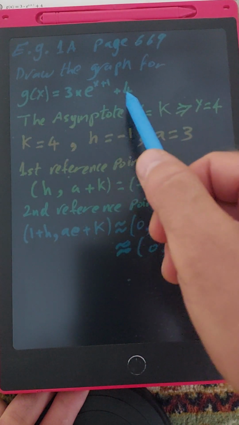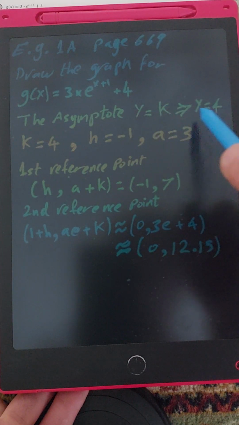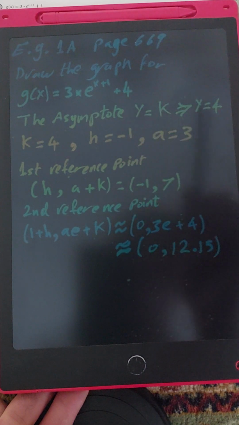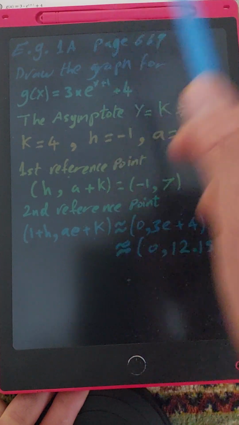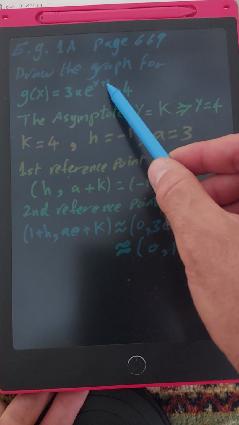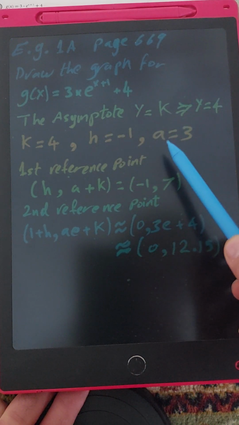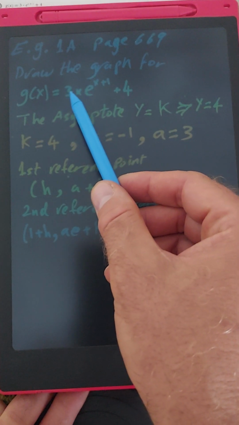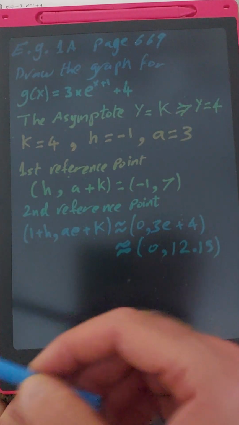From the function, the asymptote will be y equals k, therefore y equals 4, because we have the plus 4 at the end, so the value of k is 4. For h, it is the opposite of the value in x plus 1, so it will be minus 1. The initial value a, which is in front of e, is 3.